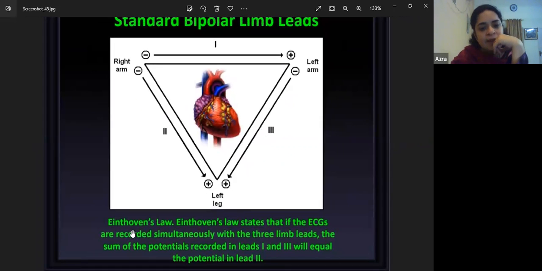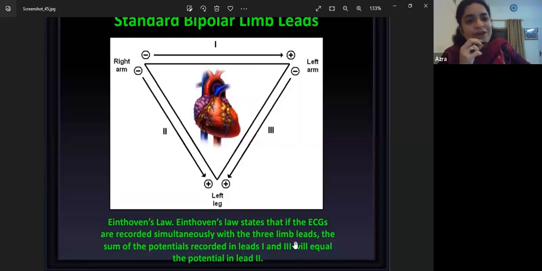So Einthoven's law states that if the ECG is recorded simultaneously with the 3 limb leads, sorry, 3 limb leads, then the sum of the potentials recorded in leads 1 and 3 will equal the potential in lead 2.